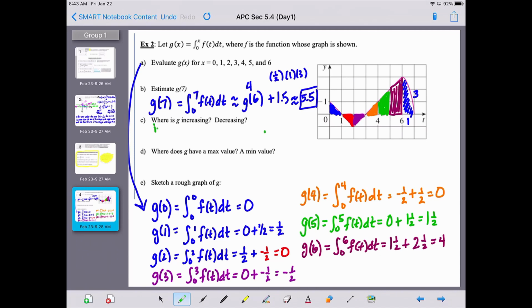So I am increasing on the interval from 0 to 1, and I'm increasing on the interval from 3 to 7. I am decreasing where my areas are below the axis on the interval from 1 to 3.